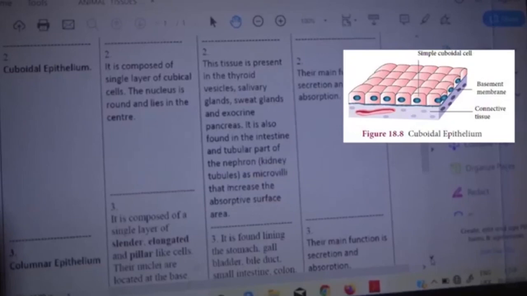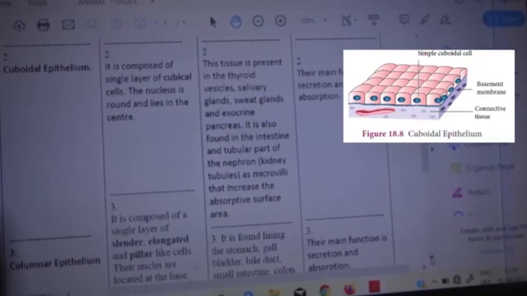As endocrine, it secretes insulin. Here the exocrine part is lined by cuboidal epithelium. It is also found in the digestive portion of the intestine. Then the tubular part of the nephron: the proximal convoluted tubule is continued as the U-shaped tubular part of the nephron.